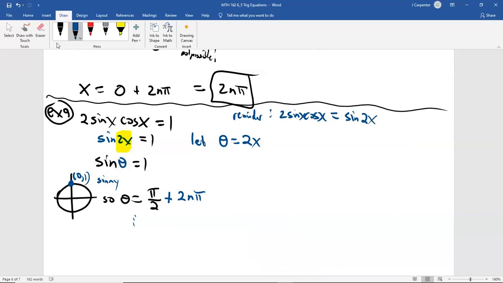So this is our theta, but we said theta is really 2x. So let's go back to the standard American dollar. Theta is 2x, so that's 2x equals pi over 2 plus 2n pi. And then you can just divide each side by 2, or you can multiply everything by a half.